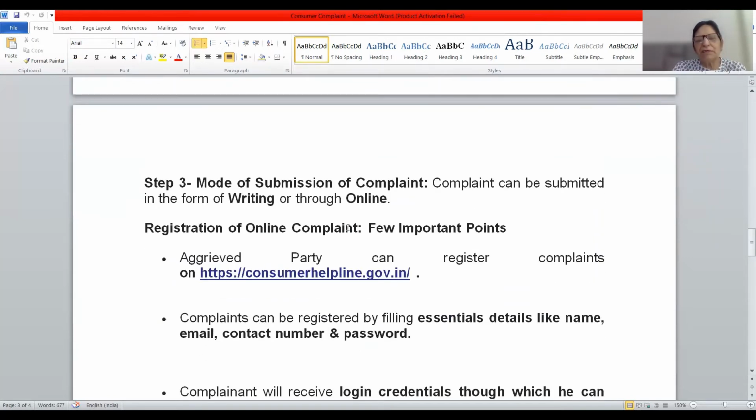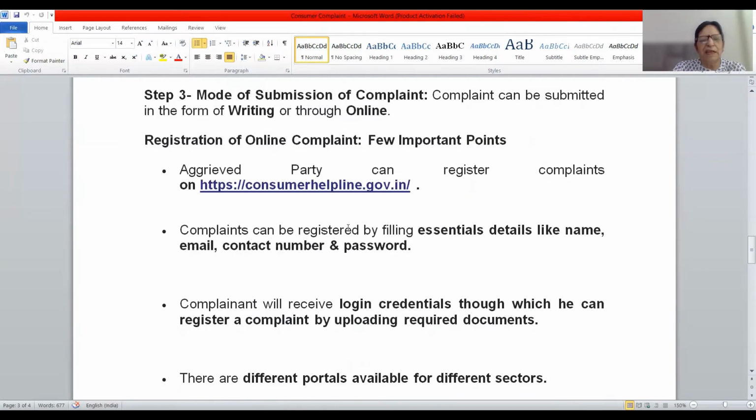A complaint can be registered by filling in essential details like name, email, contact number, and password. The complainant will receive login credentials through which he can register a complaint by uploading the required documents.